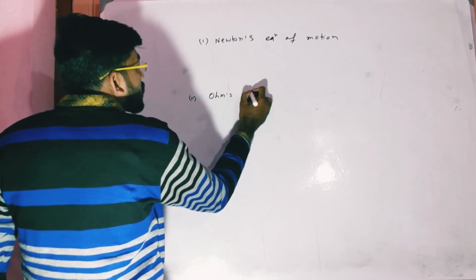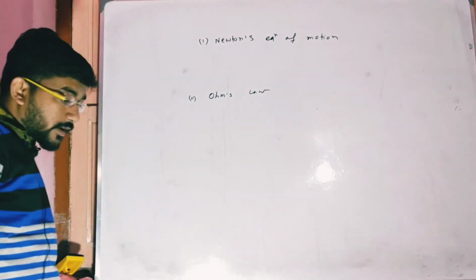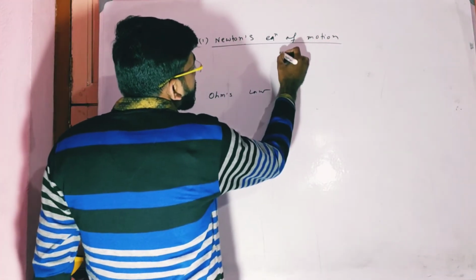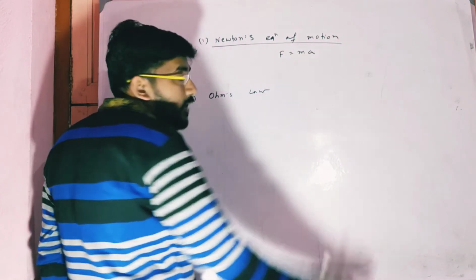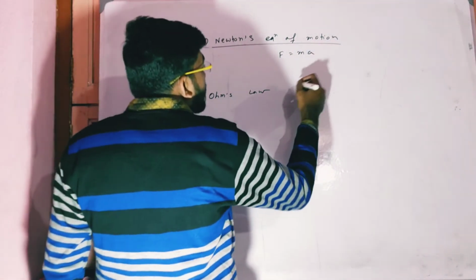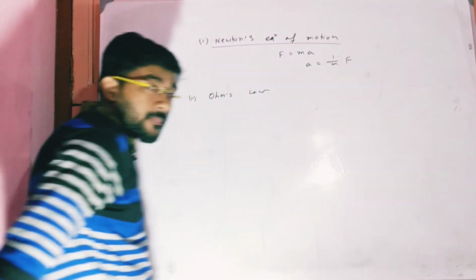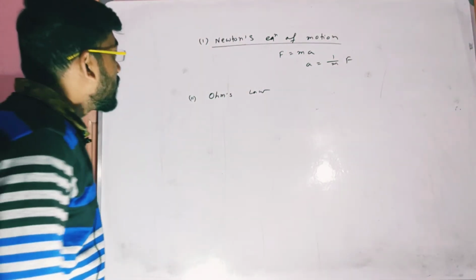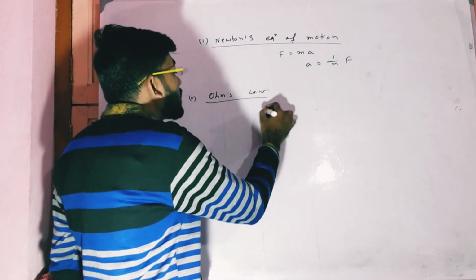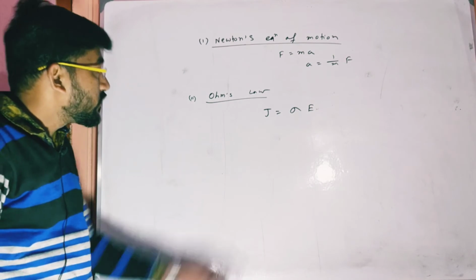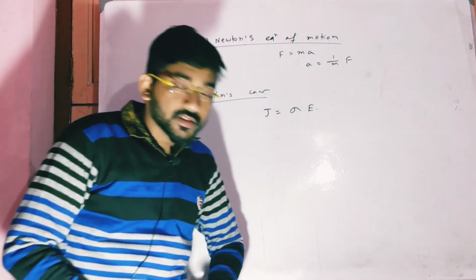Ohm's law. The mathematical form of Newton's equation of motion is, as you know, F equals mass into acceleration, or you can say A equals 1 over m into F. Similarly, Ohm's law can be written as J equals sigma E. These are very basic things, and the symbols have the usual meaning.